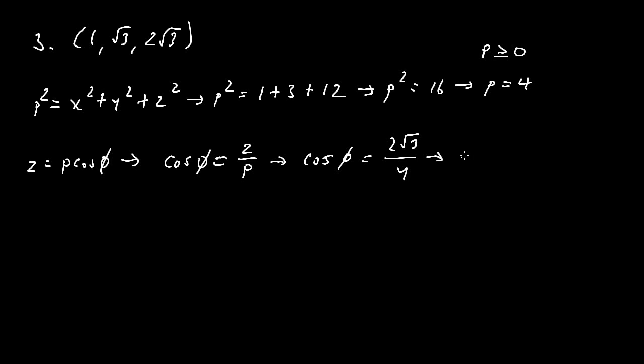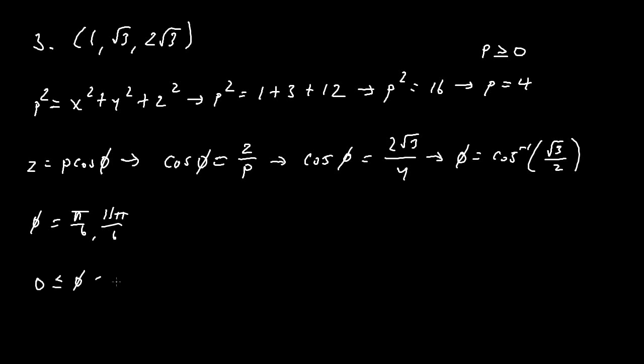So in other words, phi is going to equal inverse cosine of square root of 3 over 2. So in this case, phi can either be pi over 6 or 11 pi over 6, but remember that phi has to be in between 0 and pi. So in this case, pi over 6 is the only option that we can choose for phi. So that will be our phi value.